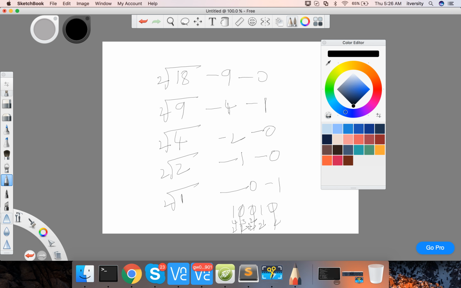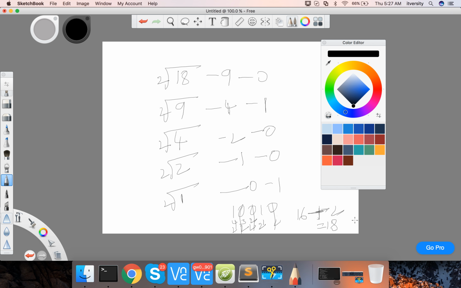You take only these two numbers. 2 to the power of 4 is 16 plus 2 to the power of 1 is 2, which means 18. So this is how you can convert 18 into binary, and the binary 10010 into decimal 18.